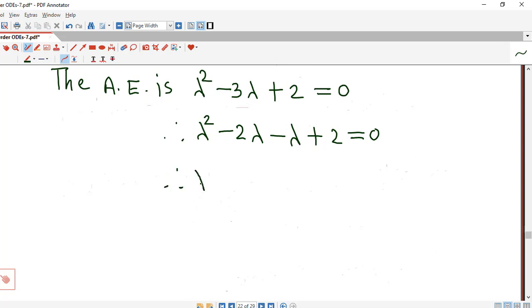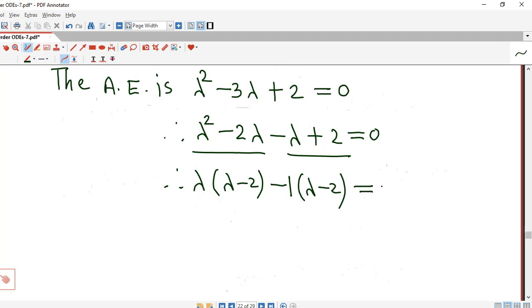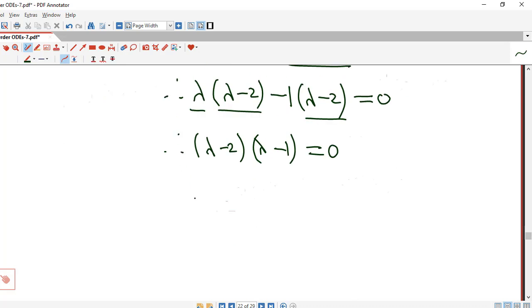So here we consider lambda common, so we have lambda minus 2 inside the bracket, and from these two terms we consider minus 1 common, so we have lambda minus 2 inside the bracket. Now again we consider lambda minus 2 common, so here we are left with lambda minus 1. Therefore lambda minus 2 equal to 0 and lambda minus 1 equal to 0.